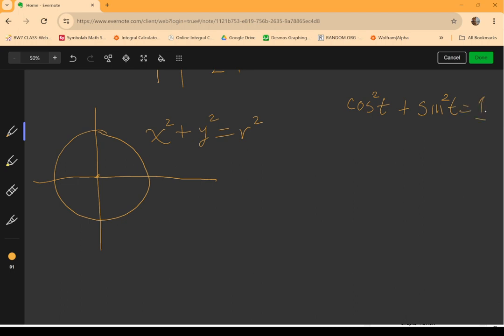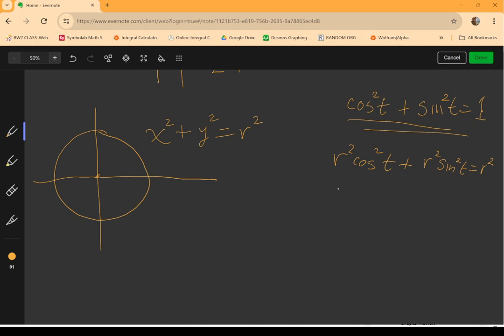So I want to generalize this to, let's say I had a circle of radius 4. How would I do that? Well, I'm going to work off of this identity. If I multiply through by r squared, we have r squared cosine squared t plus r squared sine squared t equals r squared.